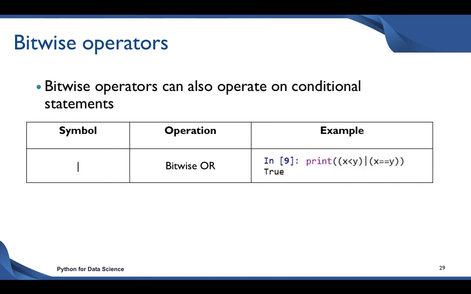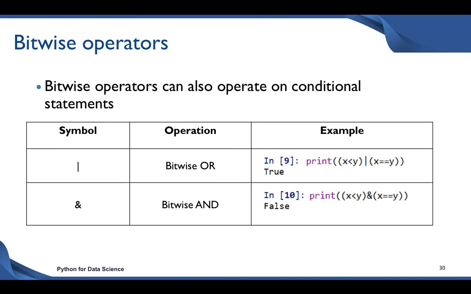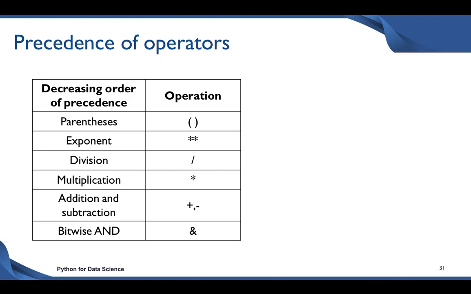So bitwise OR can also operate on conditional statements. Likewise, we have already seen logical OR, logical AND and logical NOT, right? Okay. Now we'll check the precedence of operators. This is the decreasing order of precedence.